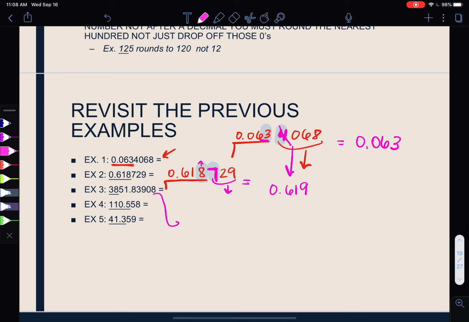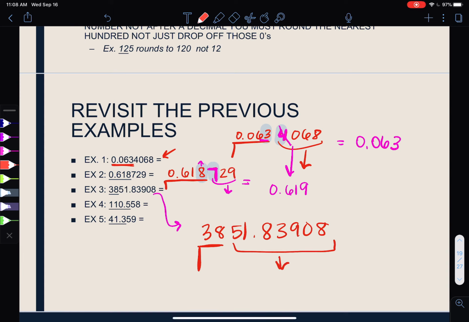Okay, so let's do this one. 3851.83908. That's what the calculator gave us, but we found out we only needed 2 sig figs. So this is our cliff, and that means that all of this has to fall. But remember, this is 3,851. We can't round that to just 38. We have to keep the zeros right here.